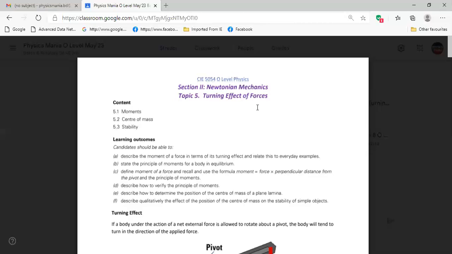So these are all the things from the turning effect of forces. From here we also have some examples from daily life, instruments we use every day. A very common instrument is the stapler, right? We are stapling the pins.